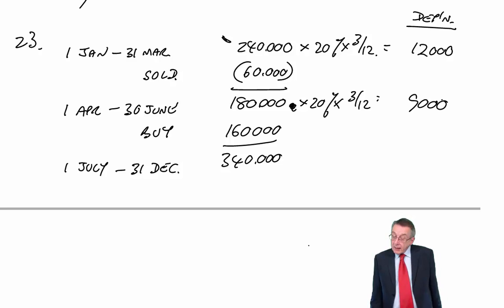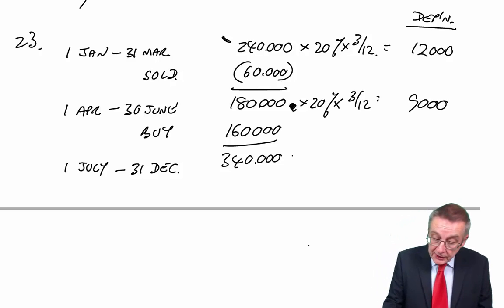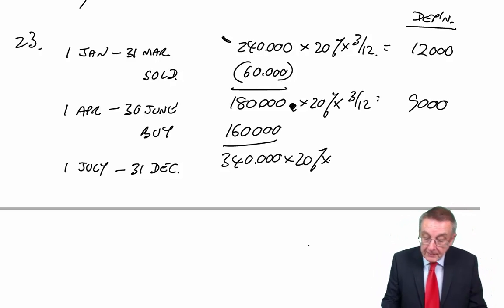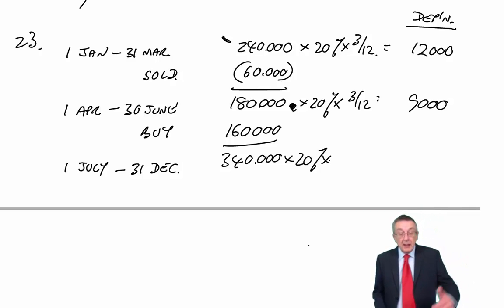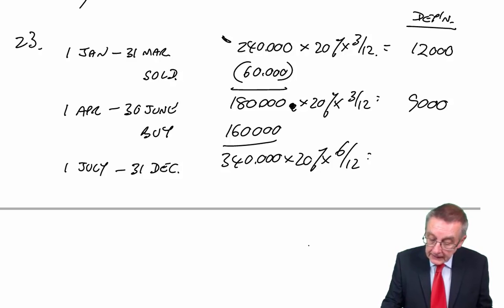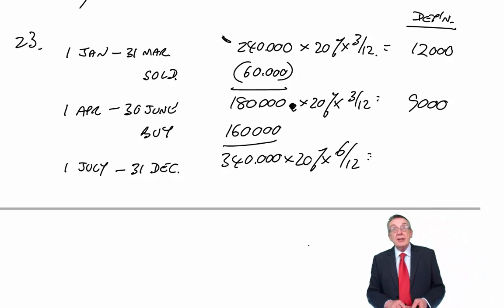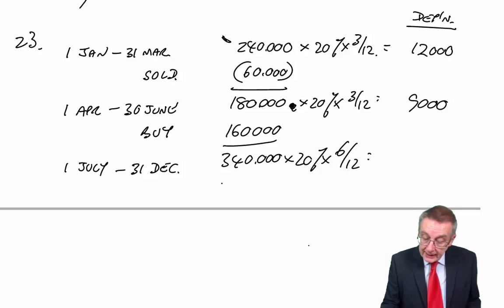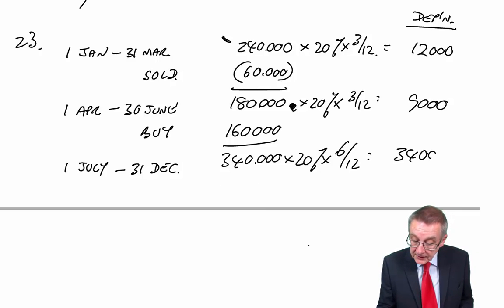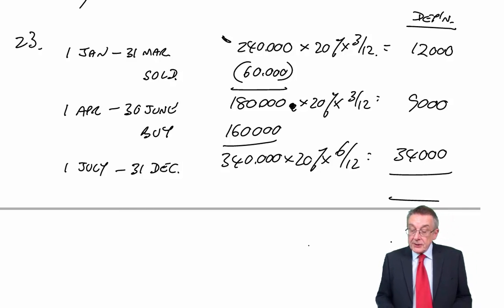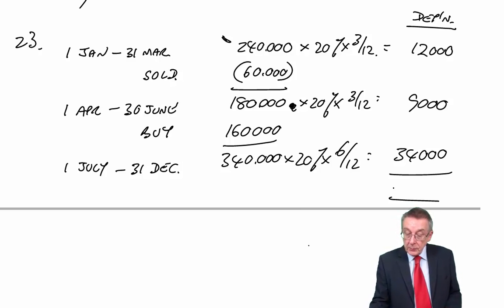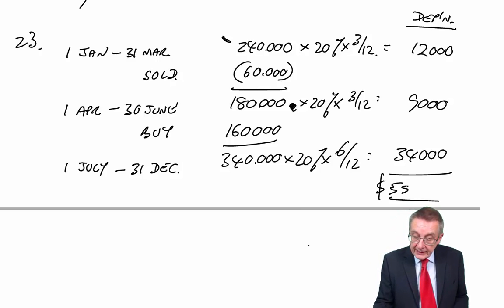Finally, it changed to 340,000, depreciation 20%, but how many months was it at 340? July, August, September, October, November, December, 6 months. And so the depreciation for those 6 months, 34,000. And so the total for the year, 12, 9, 34, is 55,000.